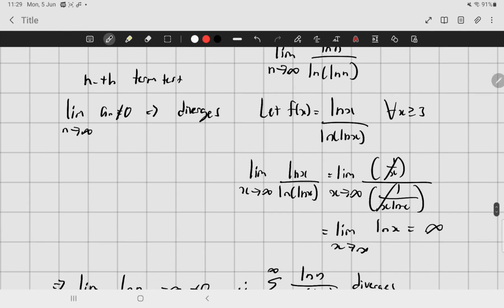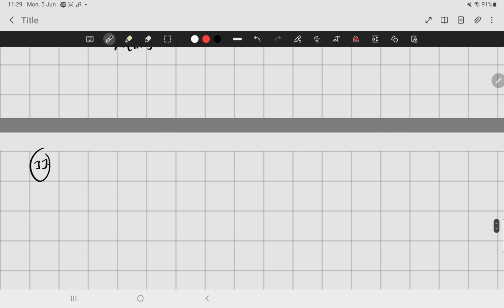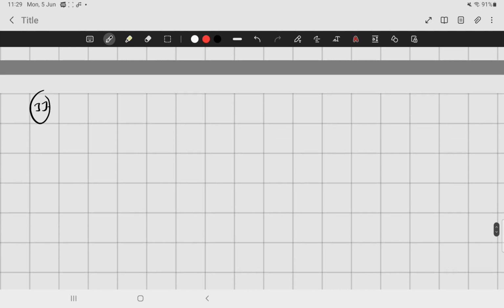Okay, all right. So number 33, we have another alternating series. So this usually goes: it diverges or converges conditionally. That's the only possibility, honestly. So we have this. All right.